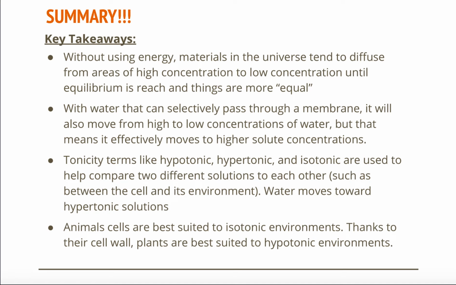But in general, animals are going to try to be their best by creating an environment that is isotonic or staying in an environment that's isotonic for them. However, plants, on the other hand, are actually best suited to hypotonic environments that allow them to take in extra water to be as big as possible, because they don't have to worry about bursting, all thanks to their cell wall.